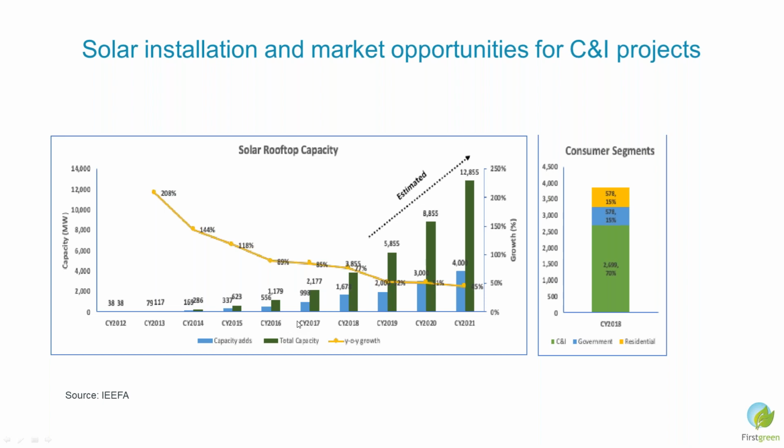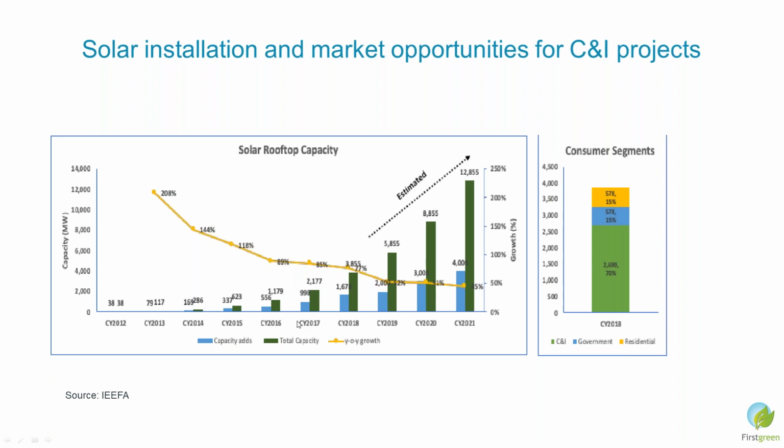Out of this 5 gigawatt plus capacity installed in the Indian market, about 3 gigawatt is from the commercial and industrial segment. The other segments are typically residential, wherein the capacities and the ticket sizes are smaller. So this puts a huge potential for growth. The typical growth of the rooftop segment, as of date, is about 45 to 50%.